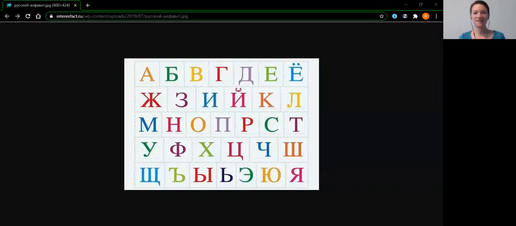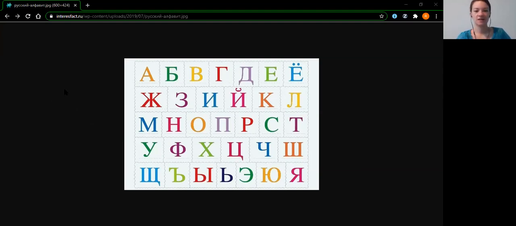And today I would like to continue talking about this theme, and I will show you a picture of our Russian alphabet.